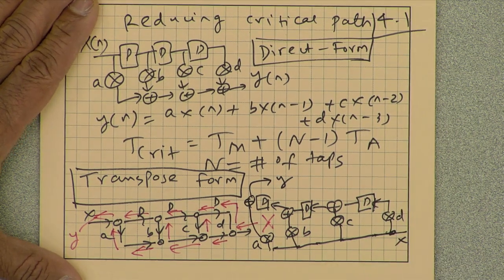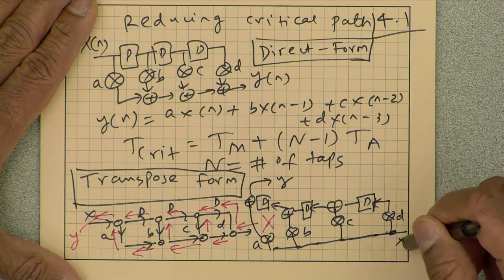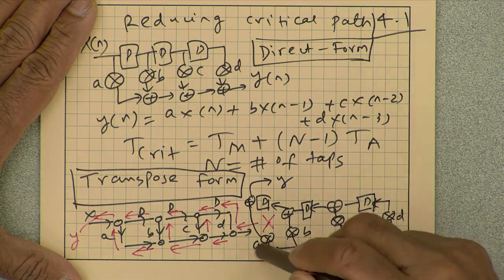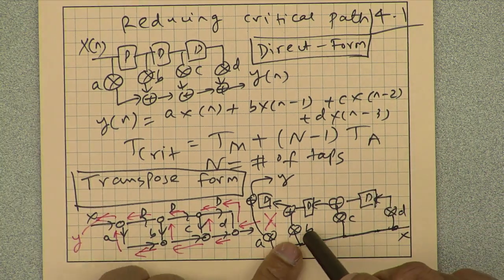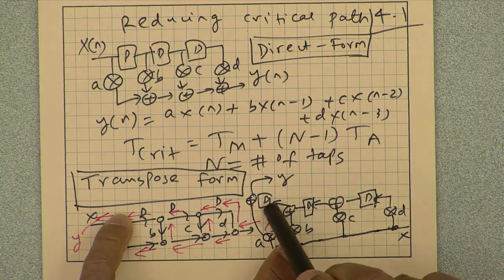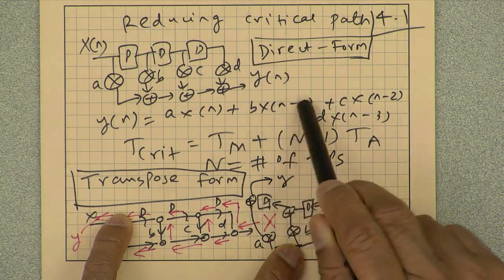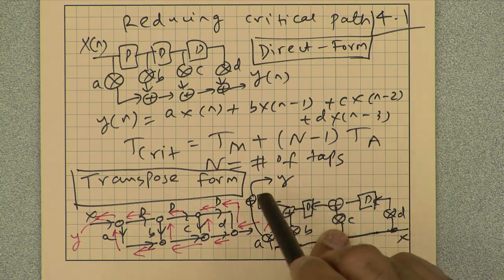Okay, so if you look at what exactly is going on, this is the input x. So what are the contributions here? a times x goes directly to output. b times x goes to the output passing through one delay. So that's the same as b times x[n-1]. x multiplied by c goes through 2 delays.